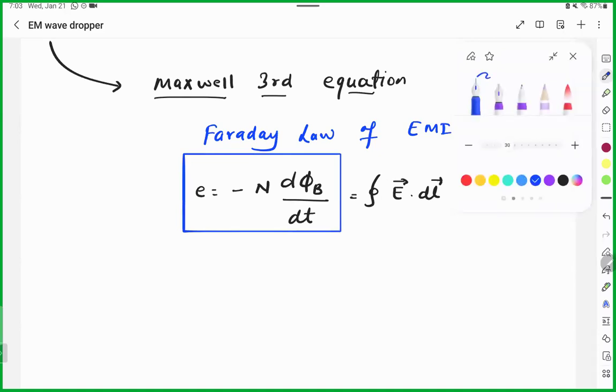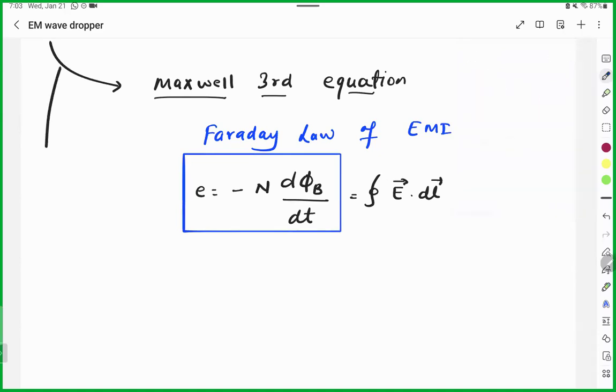And fourth equation is of course, Chandana, what is Ampere Maxwell circuital law? So B dot dl is equal to mu naught into I_C plus I_D.